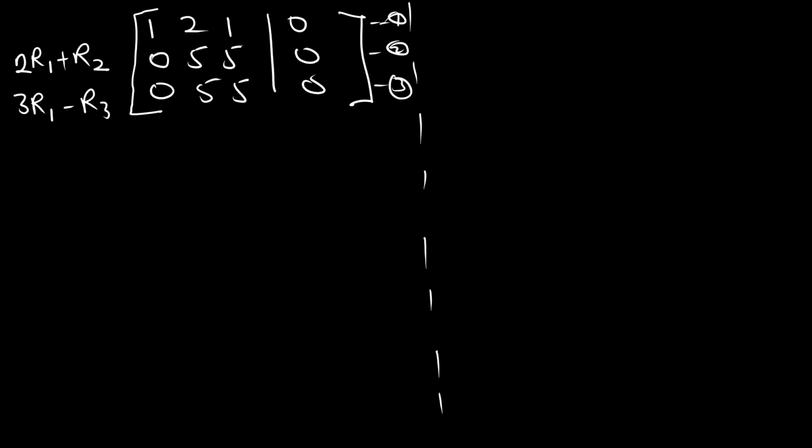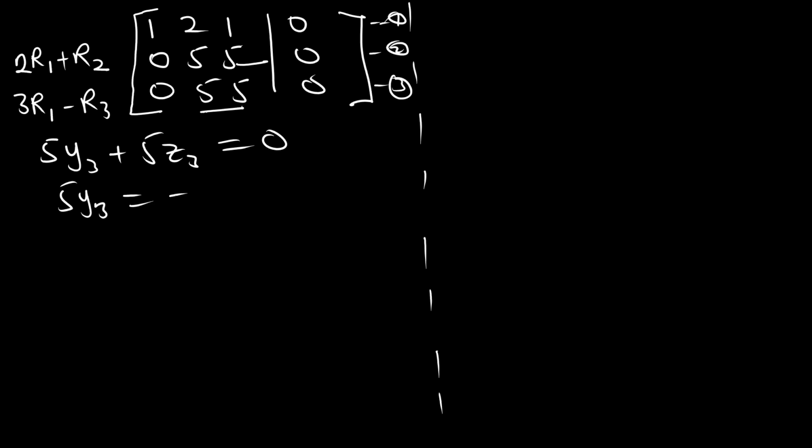So I can choose any of row 2 and row 3 such that I can say my 5y3 plus 5z3 should be equal to 0. This means that 5y3 can be equal to negative 5z3, and y3 on z3, that is going to give me negative 1 on 1.